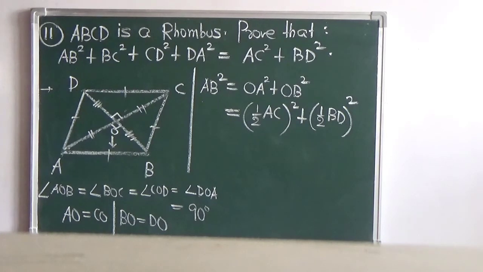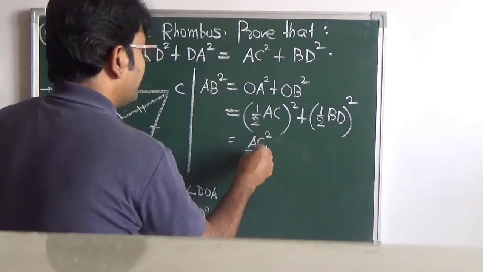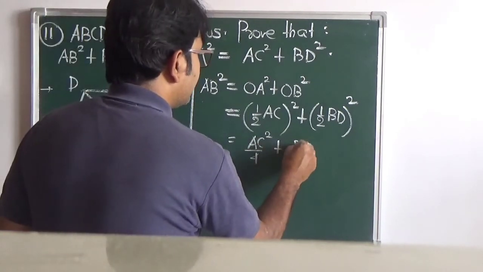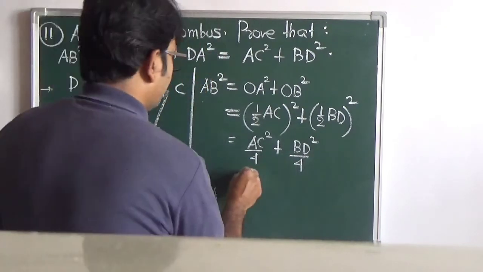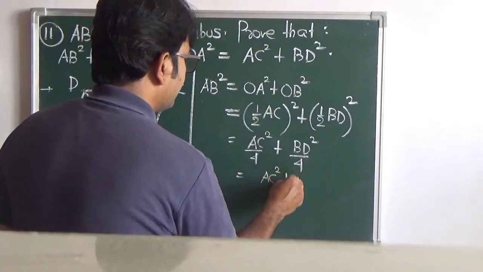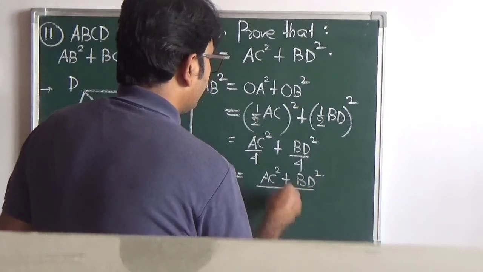So it becomes AC square by 4 plus BD square by 4, right? So if we take the LCM, AC square plus BD square by 4.